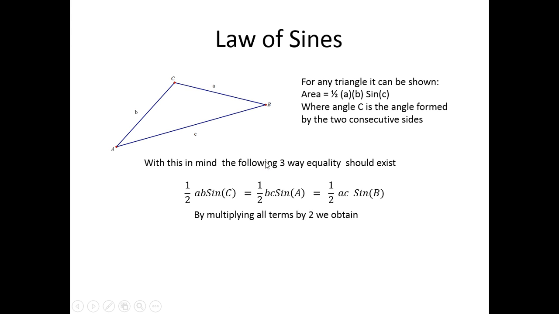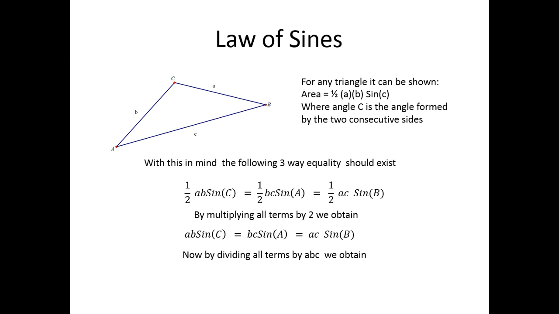And lastly, with sides A and C and angle B, I could find the area. So these three expressions are equal. If I take those three and multiply them by 2, I come down to this expression. If now I divide both sides by the product of A, B, and C, I come up with this, which is called the law of sines.